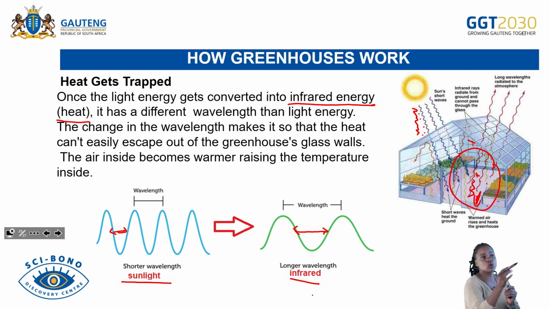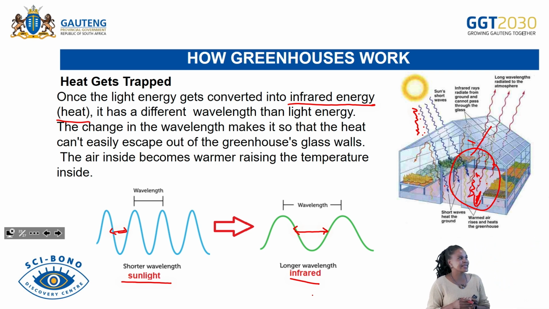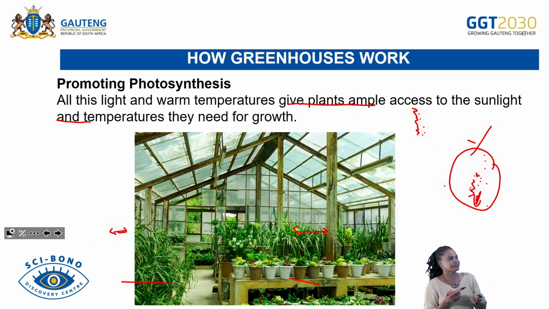It was not able to escape the greenhouse to the atmosphere because of this long wavelength. So that is why much of the heat remains inside the greenhouse. So this is what this slide is explaining.